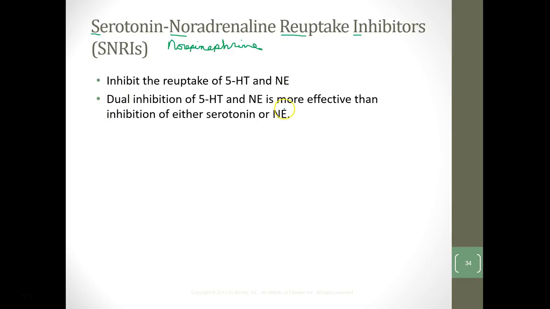The dual inhibition is more effective than either the serotonin or the norepinephrine by themselves. These drugs are available mostly as tablets and developed as alternatives to TCAs and MAOIs, and that they had fewer side effects. So you can see the table on page 98 for some more information about the SNRIs.